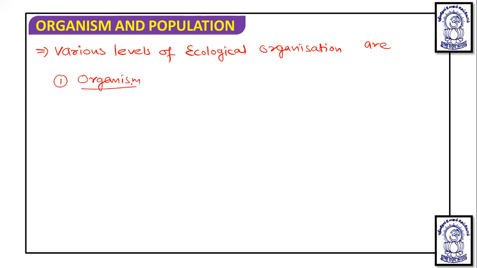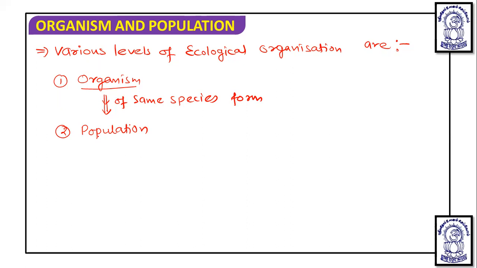There are several organisms, and organisms combined form a population. So organism is the first level. Organisms of the same species form the second level, that is population.